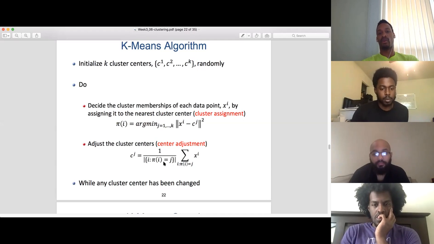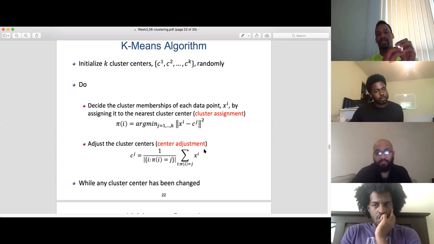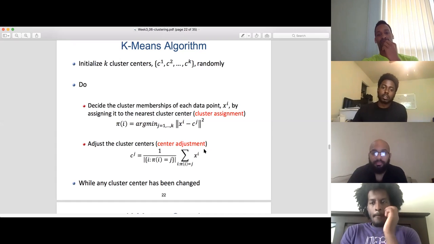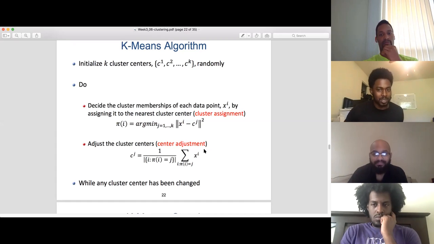So you can see this: 1 over the number of points that are assigned to that cluster, and then the sum of the points themselves. And so then you get the mean point, and now that's your new center. Exactly. And you're getting the mean point for k different clusters. That's the k-means algorithm.